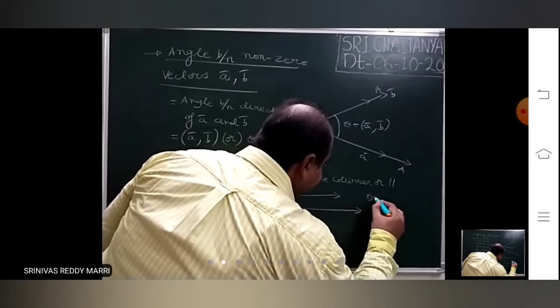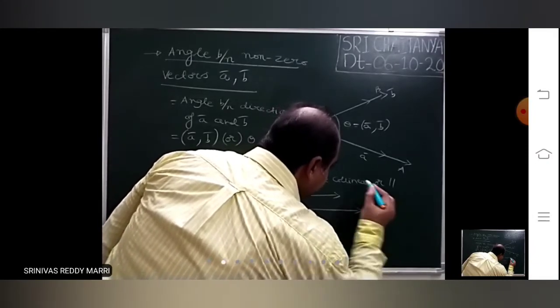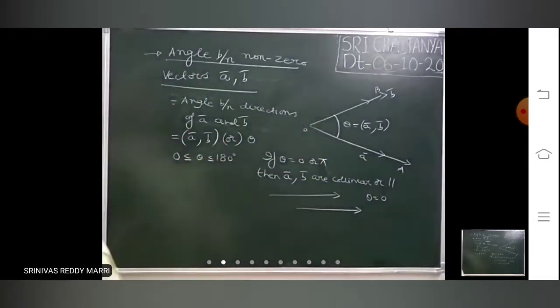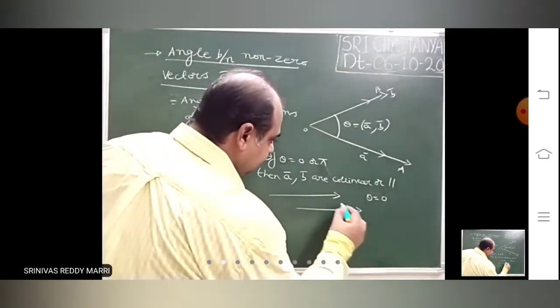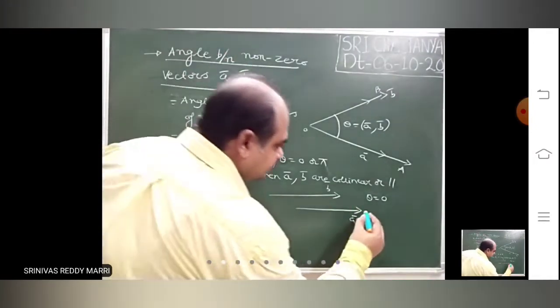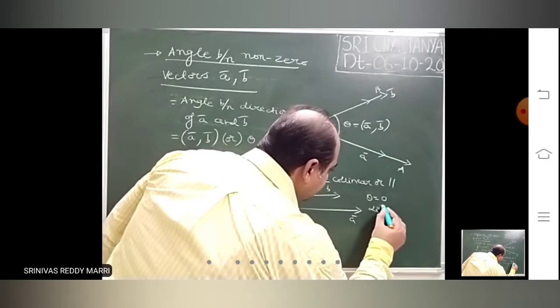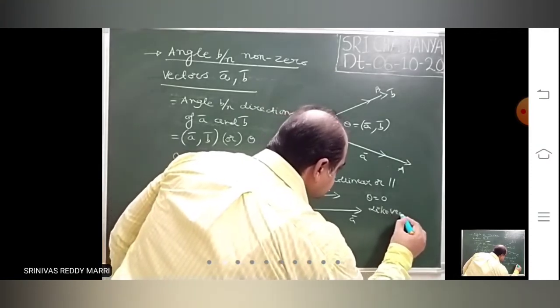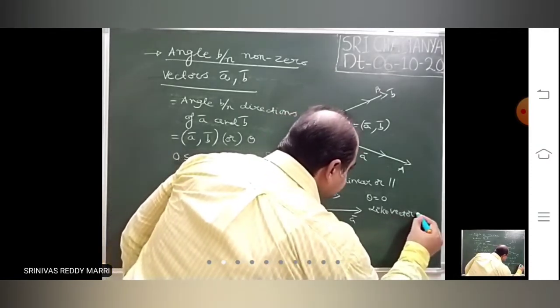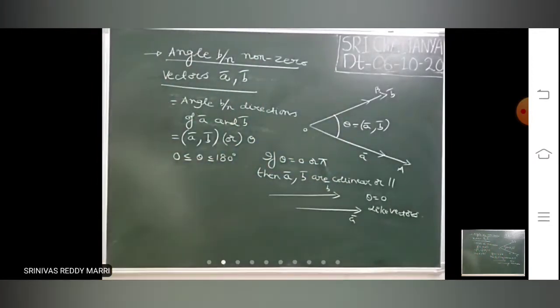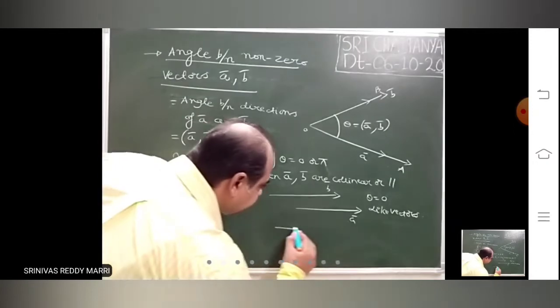Their directions will be the same. So in this case they are called like vectors. If the angle between them is 0, then they are called like vectors.